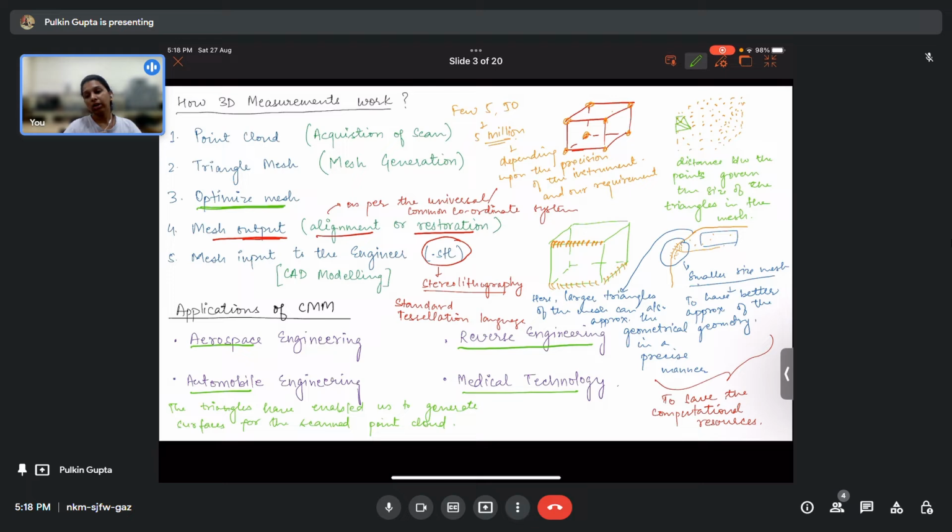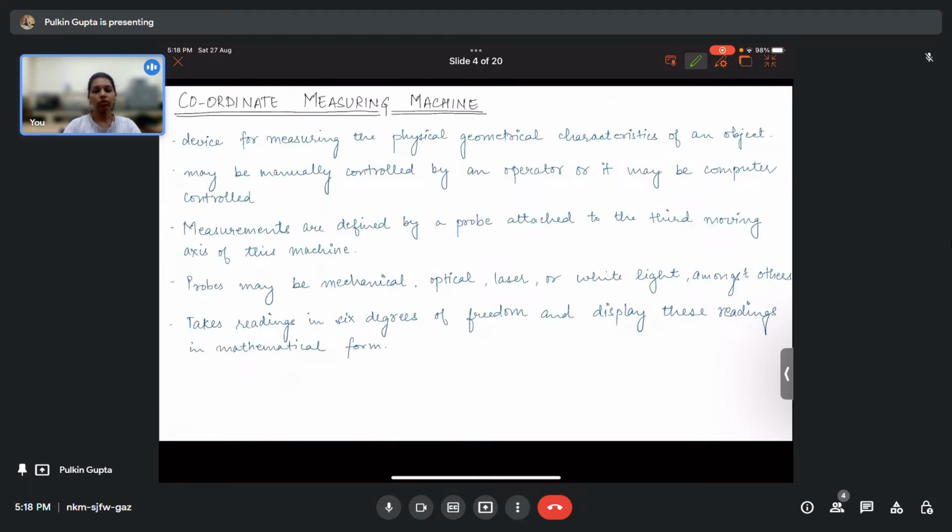And in medical technology, it is majorly employed for making implants and all. Like you can just have the 3D scans or CT scans of the broken bones or some skulls or something, and then you can just read them, have the other part ready as a mold, and the patients can use them. So now moving on to coordinate measuring machine.